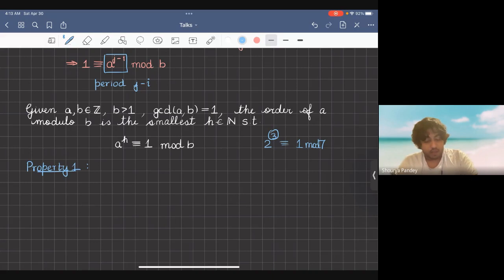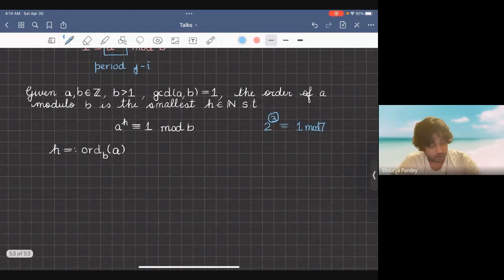I should have written the notation first. We denote this order as the order of a with respect to b.